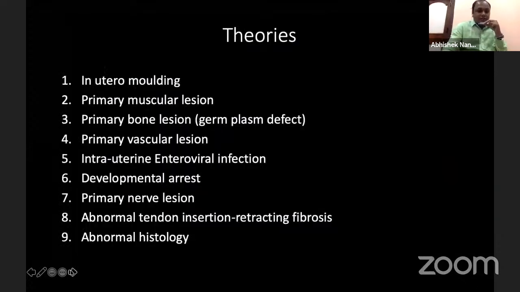So what are the various theories? The theories which are given are the in utero molding theory, where there is difficult in utero molding which causes CTEV, the primary muscular lesions, the germ plasma defect, the primary vascular lesion, and the intrauterine viral infection.